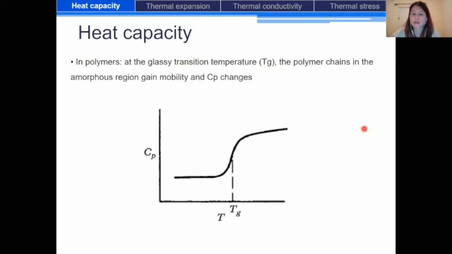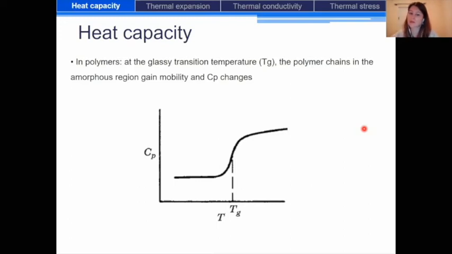As you can see on this figure, the heat capacity at constant pressure increases above the Tg of the polymer. This is due to the fact that it will require more energy to have the propagation of this vibrational wave in the material, because the structure is less ordered above the Tg of the material than below.